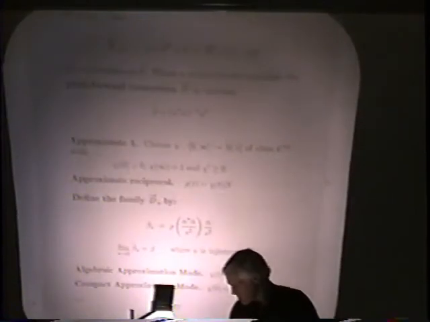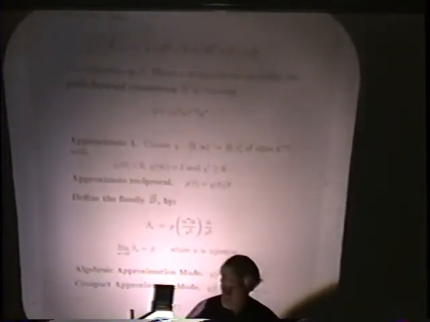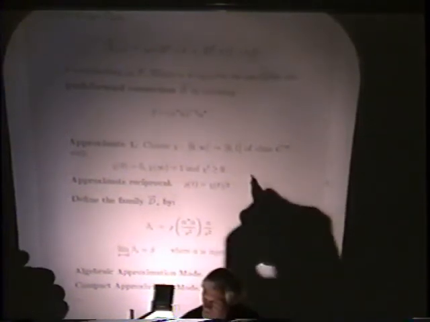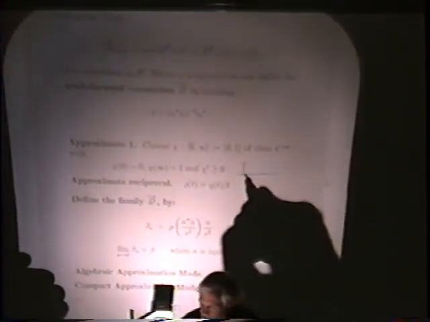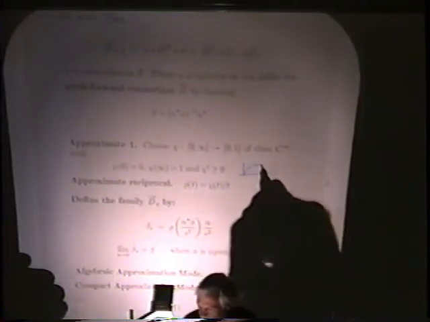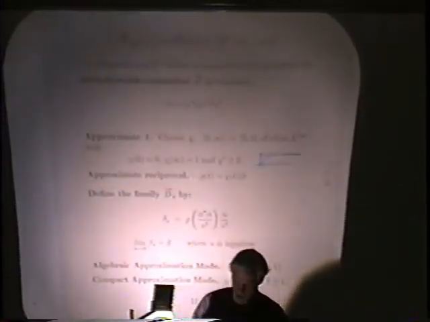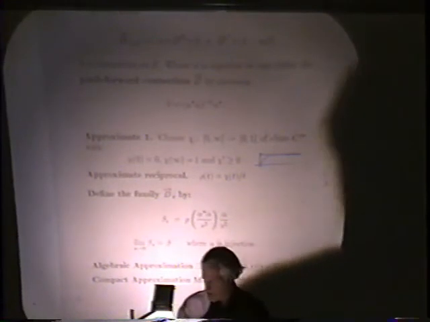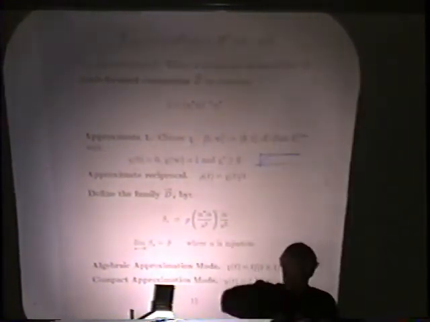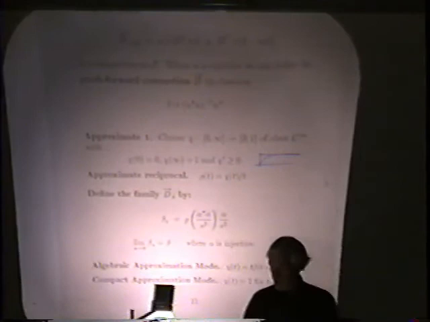You choose a function that approximates 1. So it starts at 0, but it goes to 1, and in the limit we're going to squeeze down, so it goes up to 1 very fast, very soon.